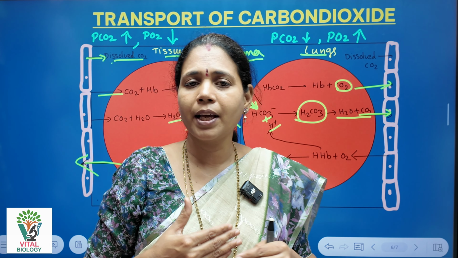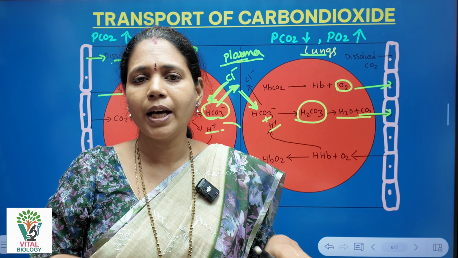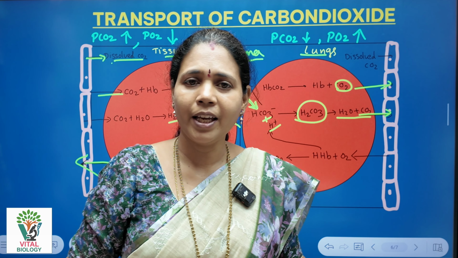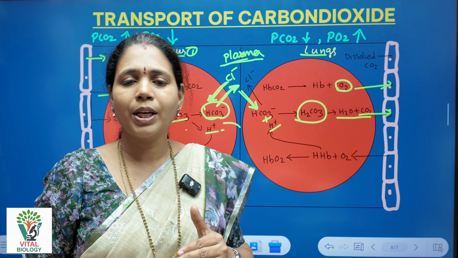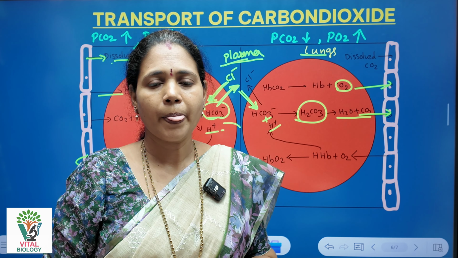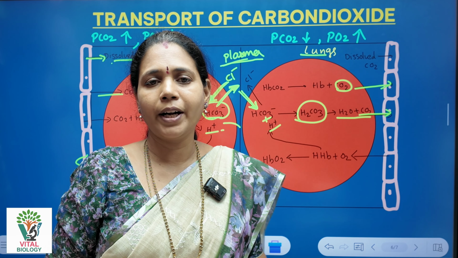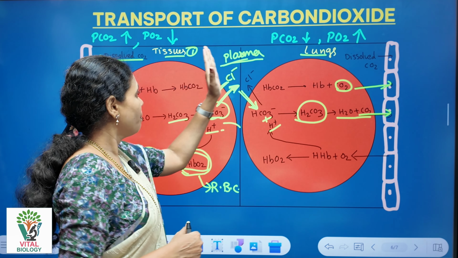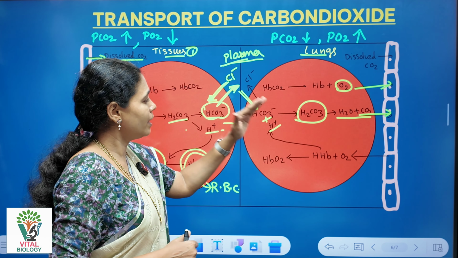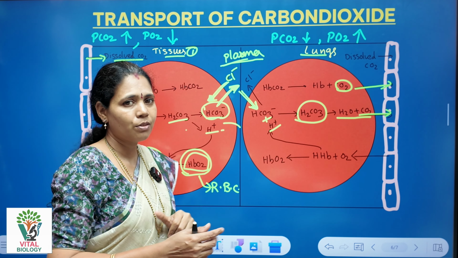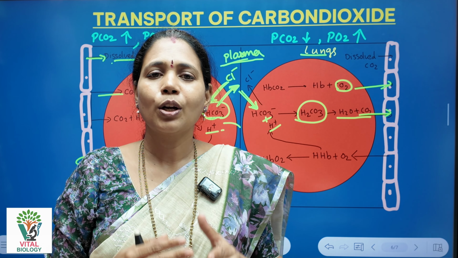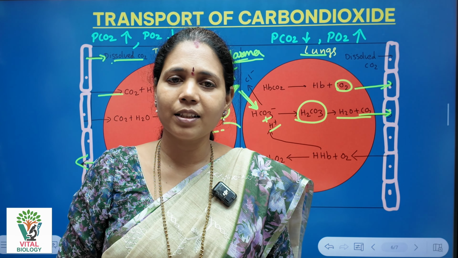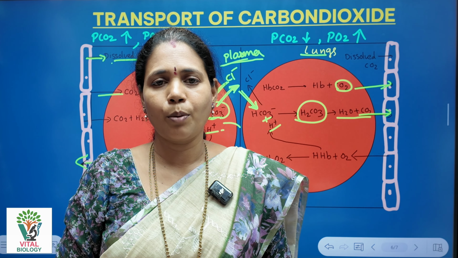This exchange helps in maintaining the ionic balance. Once it reaches the lungs, they go back to their original positions. This movement of chloride ions from plasma to RBC and again from RBC to plasma is called the chloride shift, or otherwise Hamburger's phenomenon.